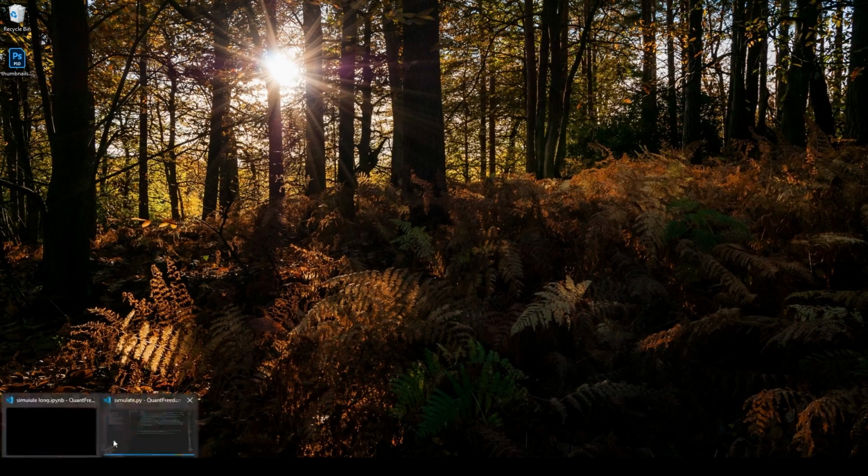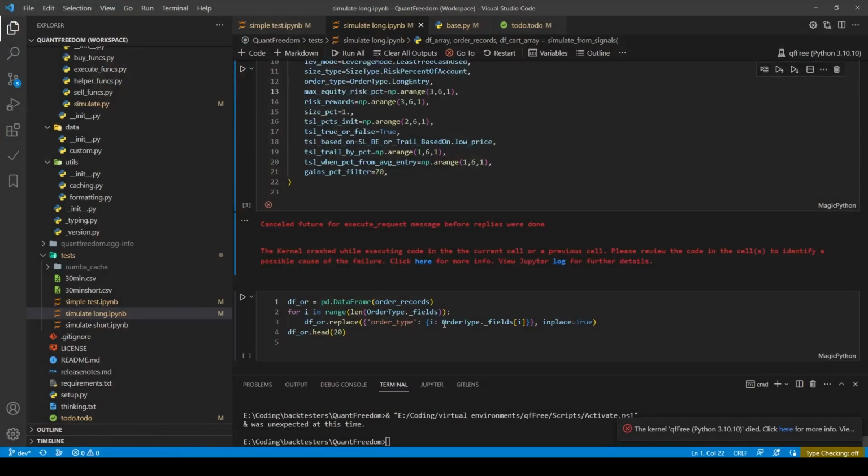Oops. We ran out of memory again. So clearly I am going to have to figure out this memory thing, because this is nothing as far as the testing goes.